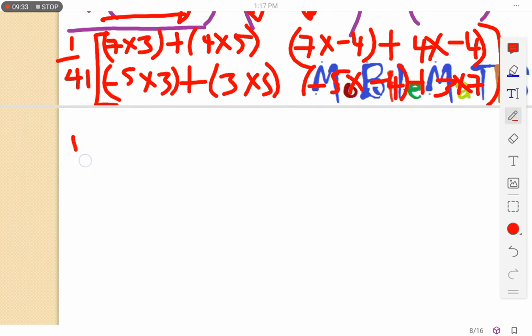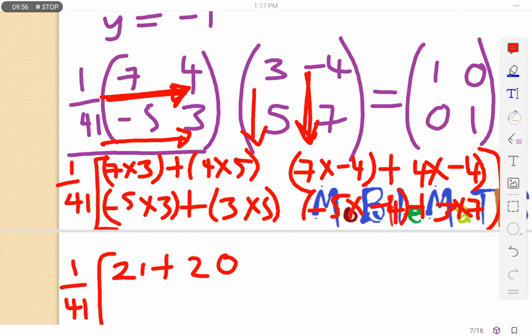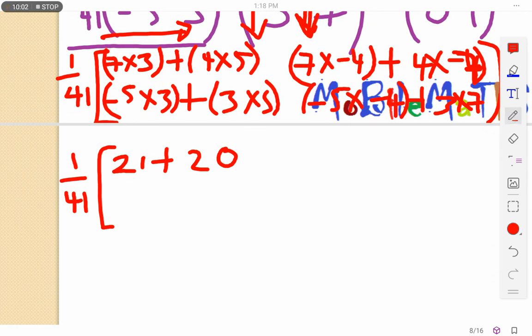So I have 1 over 41. Simplifying 7 times 3, I get 21 plus 20 there. On the other part, 7 times -4 plus 4 times -4. Let me correct this one. This was a 7 here. So I'll get 0 this side.